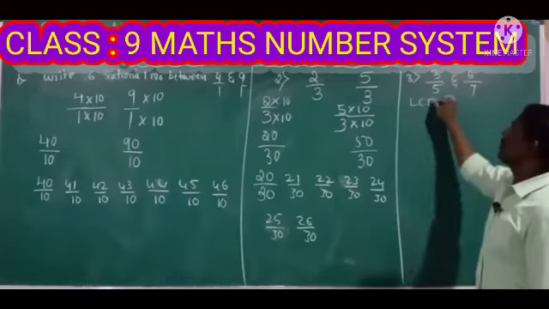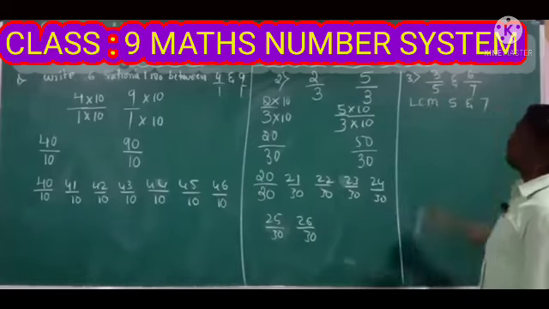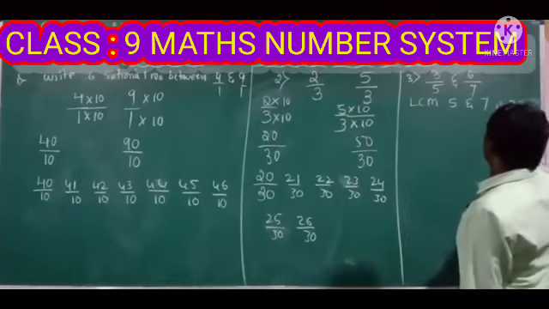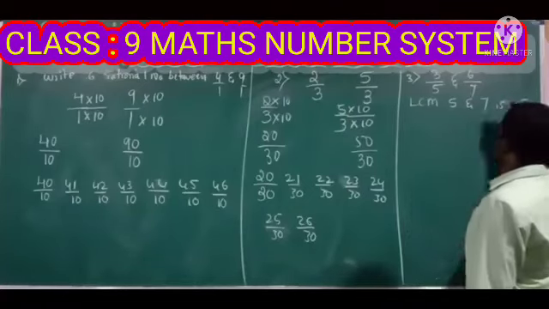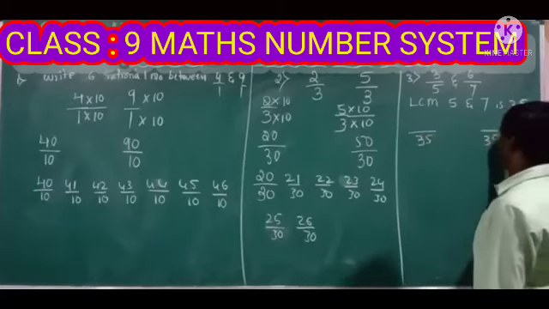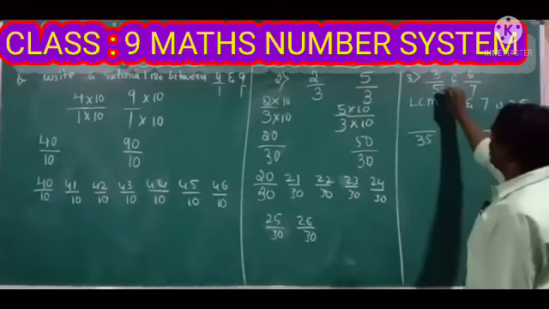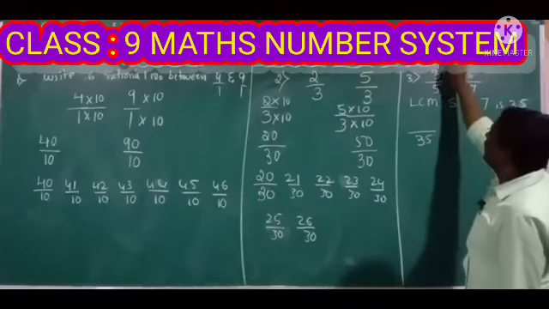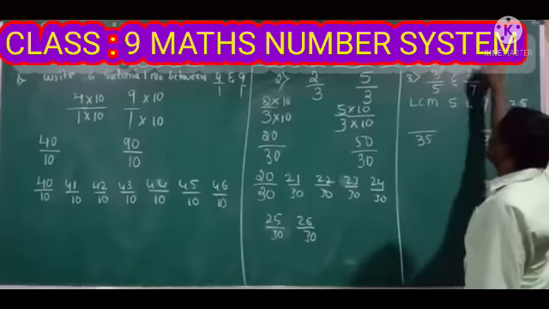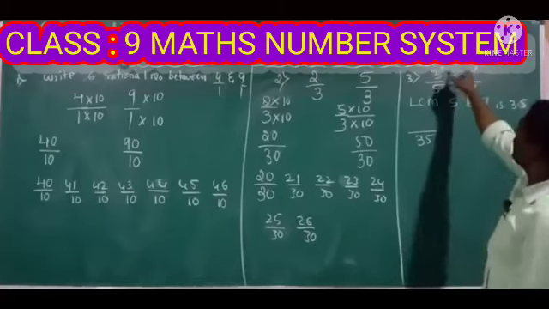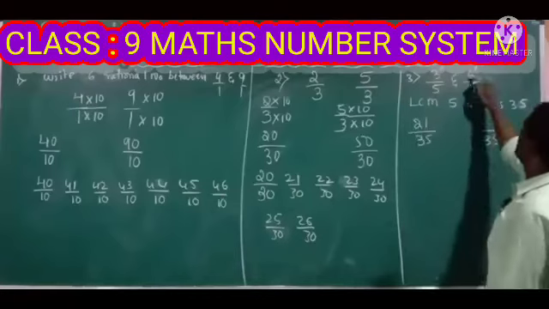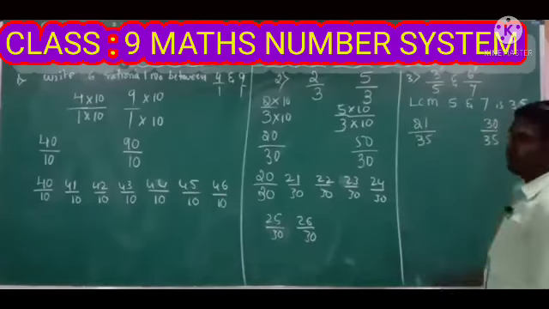So what is the LCM of 5 and 7? LCM of 5 and 7 is 35. 5 sevens are 35. So write 35 in the place of denominator. 35 is the LCM, so what do I have to multiply here? 5 sevens are 35. Here 7 5s are 35. Now multiply the numerator. 7 3s are 21. 6 5s are 30.